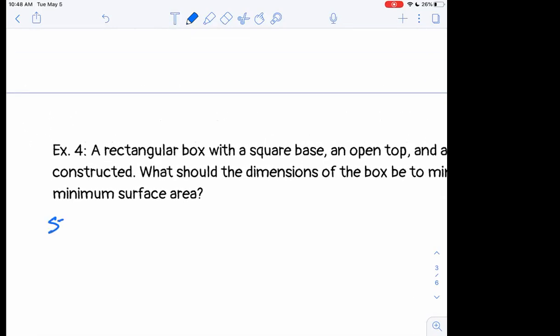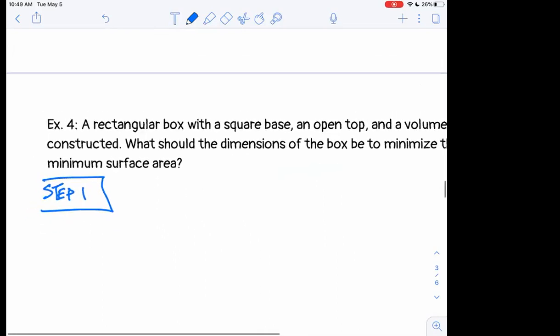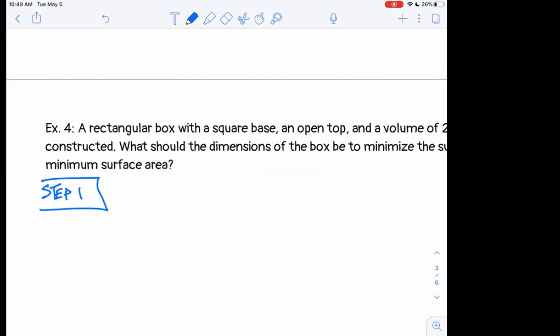So step 1. Now, when it says a rectangular box with a square base, the first visual that comes to mind for me is those long Kleenex boxes, and then the smaller ones that you can put by your bed. They're square boxes, but they're actually a little taller than they are square.